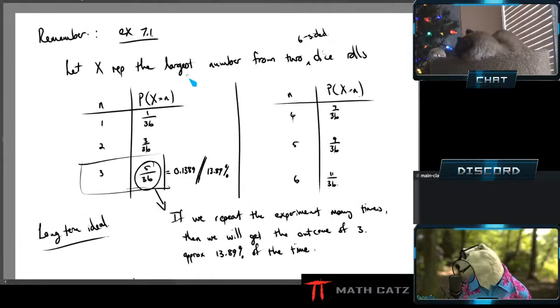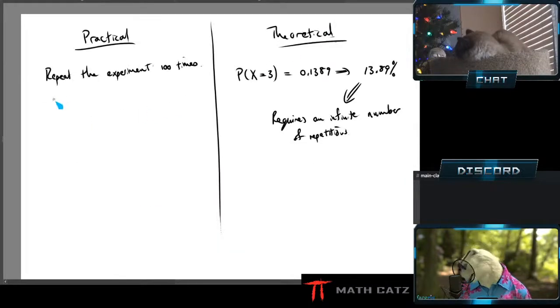Sometimes I'm going to get 1. Sometimes I'm going to get a 6. Sometimes I'm going to get a 3. So let's suppose we get x equal to 3, let's suppose we get it 20 times. 20 times I got a 3, among other things.